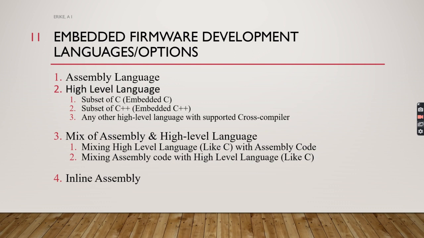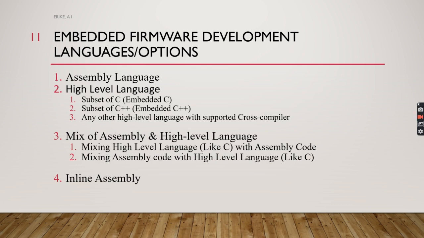And then we have the high-level language option. In the high-level language option, we can have a subset of C that is called the embedded C, or a subset of C++ that is called the embedded C++, and any other high-level language that supports cross-compiler operations.